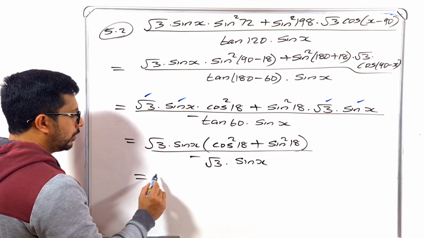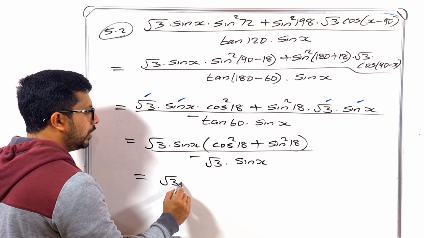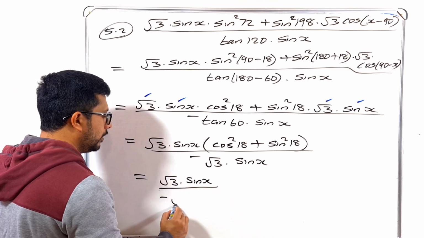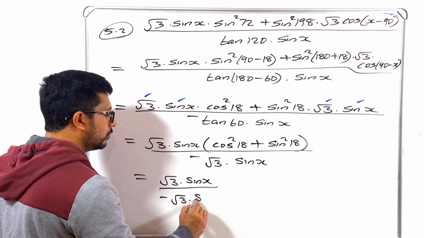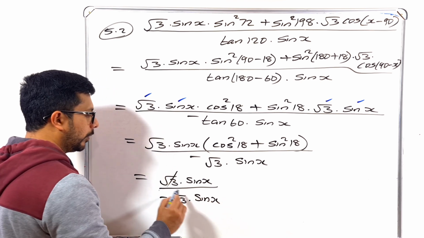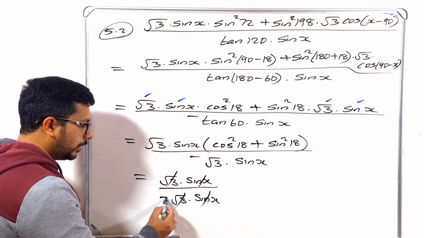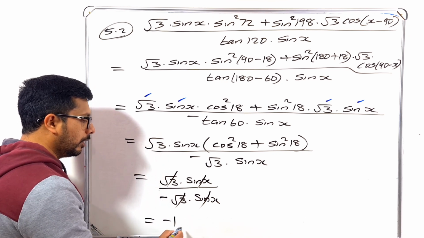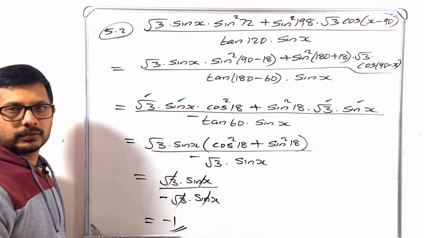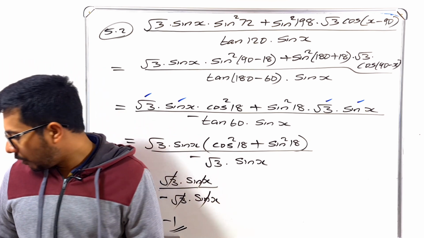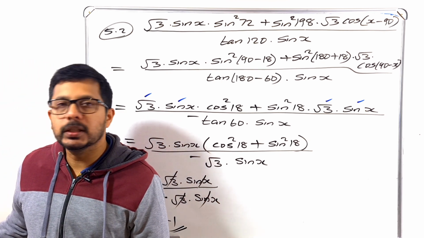So remaining is root 3 into sin x divided by minus root 3 into sin x. So root 3 cancels, sin x cancels. So what is remaining here? Minus. So it is minus 1. Okay, so that is question number 5.2. Now let's move to the next question, 5.3.